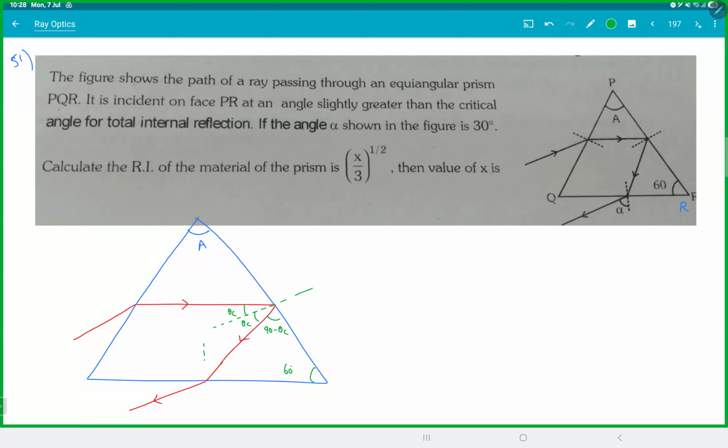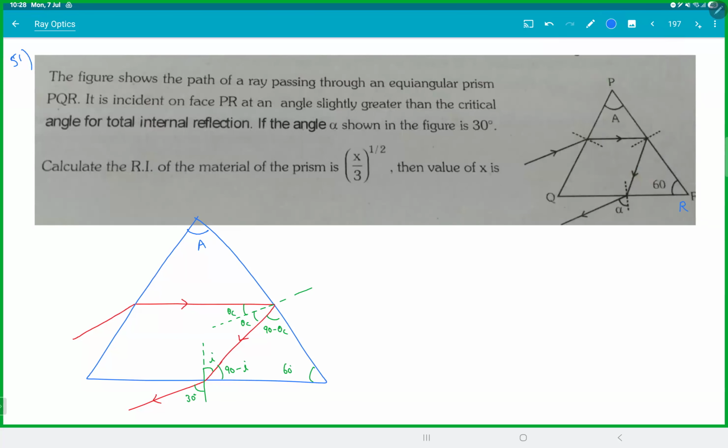This is 60. Let this be I, let this be 30, and this is 90 minus I. Right, Aditya. So this thing will be 90 minus theta critical plus 90 minus I plus 60 is 180. So we get I plus theta critical is 60.